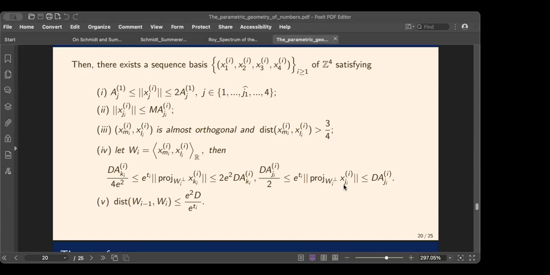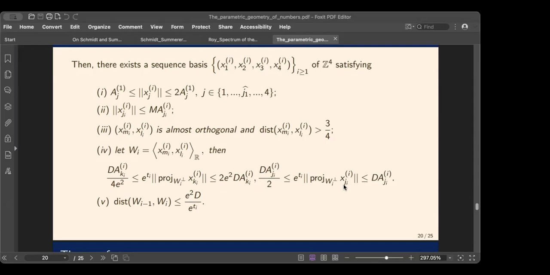But if we don't change xji, then in each step of the construction we will cause some error, and this error will add up, and I think it's not a uniform constant.